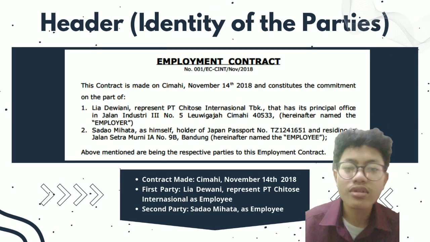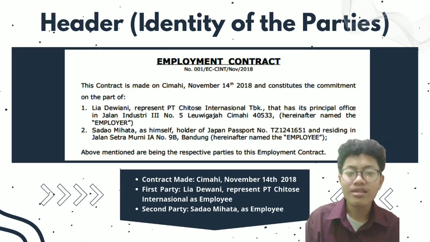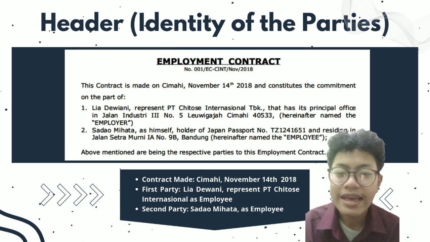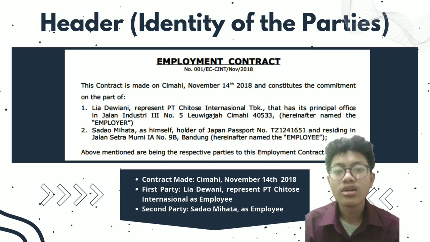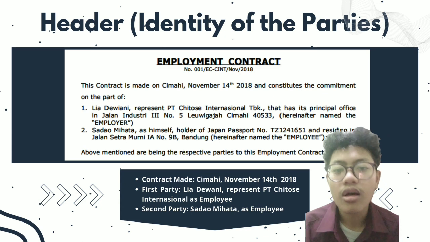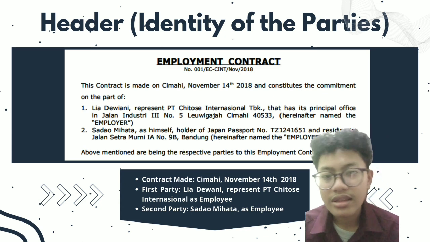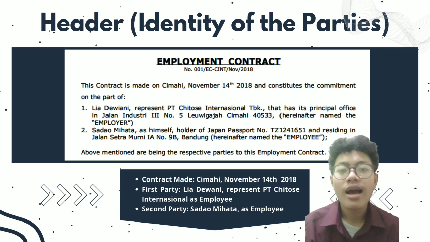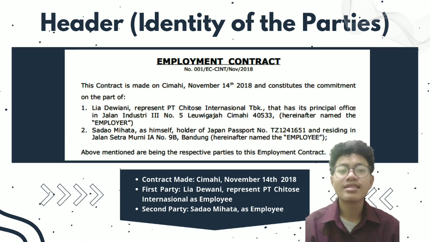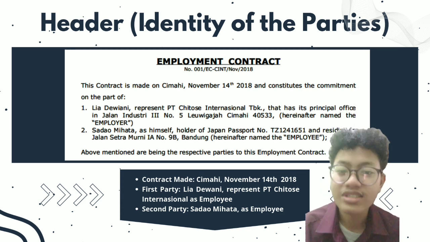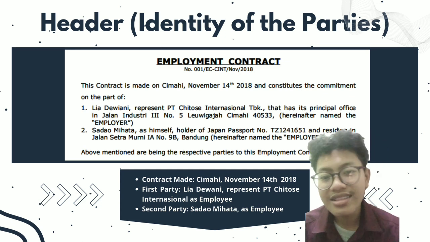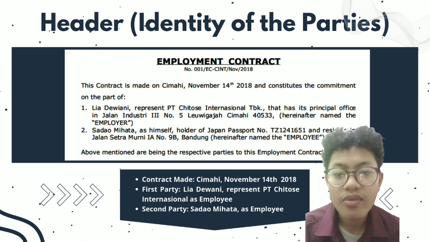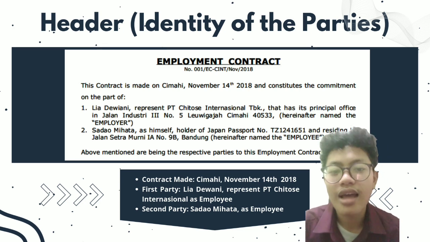The first section of the contract, commonly referred to as the header, contains information about the identity of both parties, as well as the location and date the contract was created. The identity list in the contract includes name, title, and address.